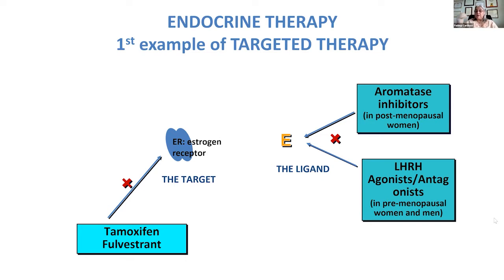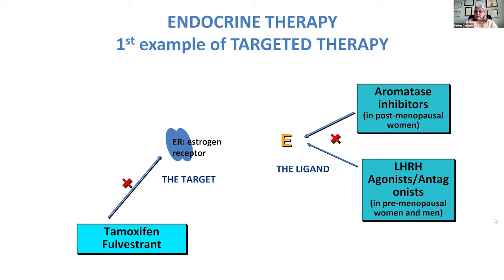In young premenopausal women, the majority of hormones are produced by the ovaries. So the most important thing is to block the function of the ovaries. We have to add some other form of hormonal therapy when we do that.